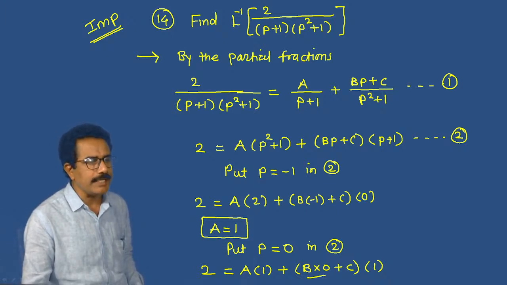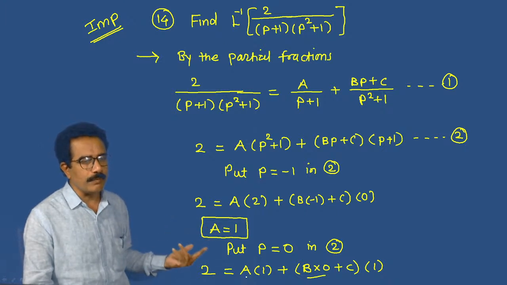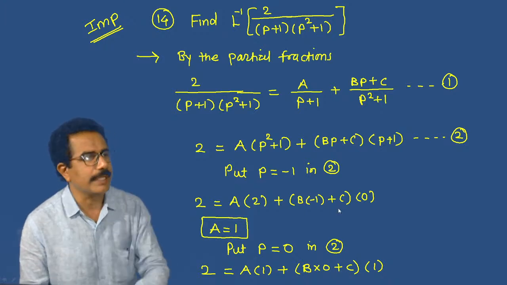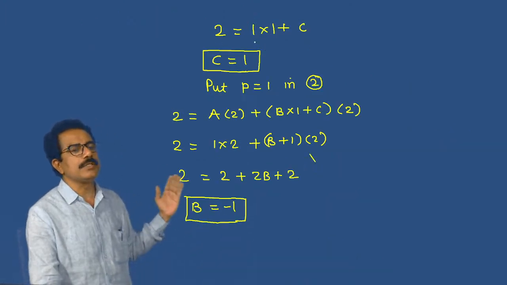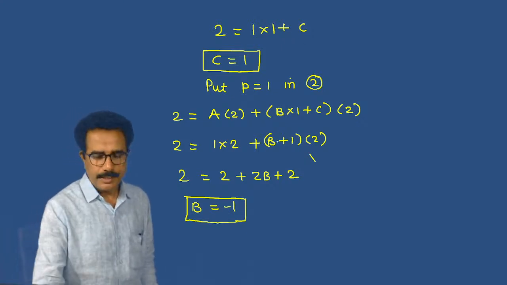Put the value of a is 1, which we have already calculated. So 2 is equals to 1 into 1 plus c, c is equals to 1.